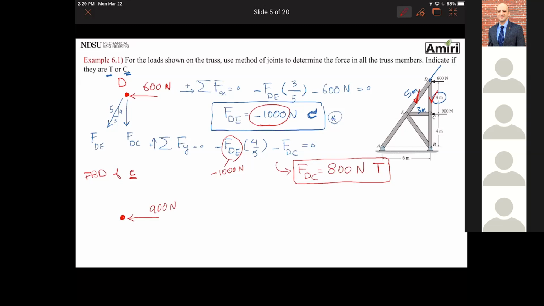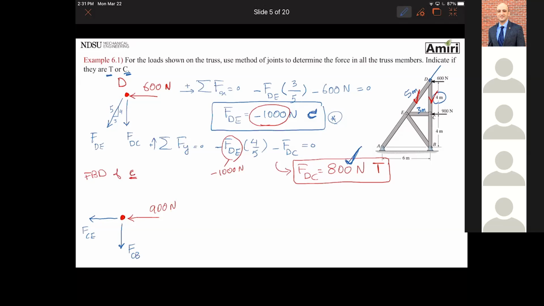Next is put reactive forces, and they're unknown. I told you draw unknowns in tension. I'm going to draw an FCB here and an FCE here. And DC is not an unknown. I already have it, and it's 800 Newtons.